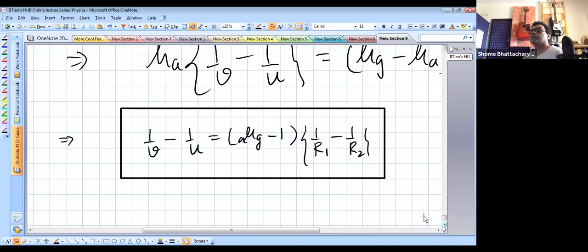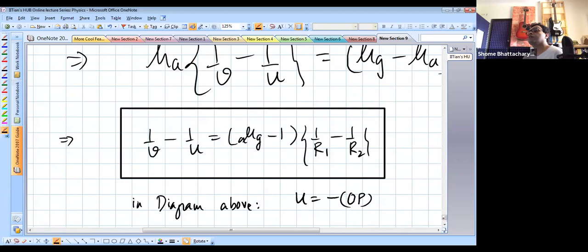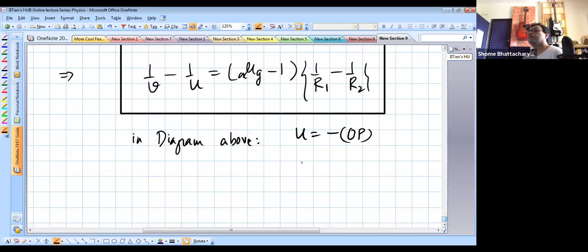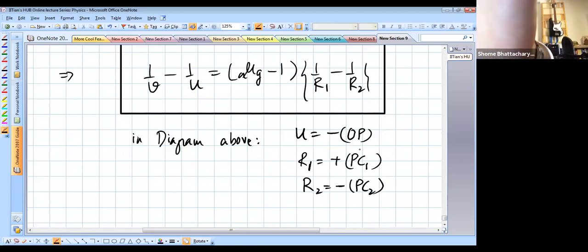So referring back to the above diagram, U is minus of OP, R1 would be positive because it was on that side of PC1, whereas R2 would be minus of PC2. I'll minimize and show you the whole thing, so don't worry. But this becomes the generic formula.